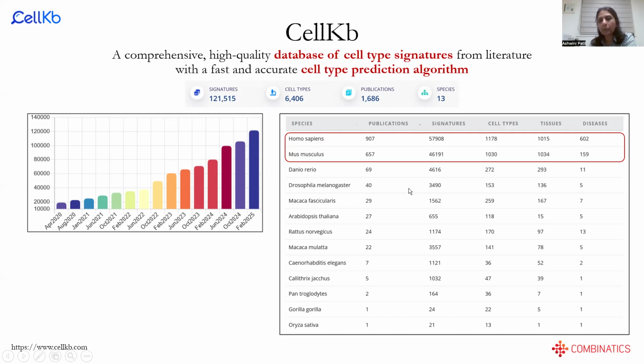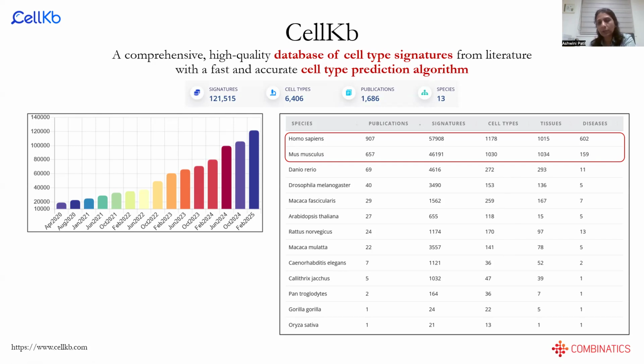So this is the breakup of the data. Of course, most of the data is human and mouse because it is a reflection of what is available in literature. But we also have a lot of representation of cell types for other model organisms like zebrafish, fly, monkey, Arabidopsis. And of course, we also have information about diseases because we do collect information about tissue and disease conditions. We add species based on user requests.